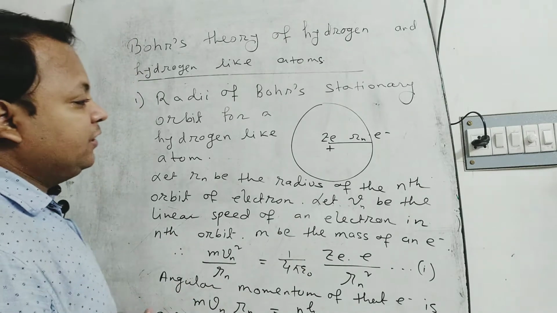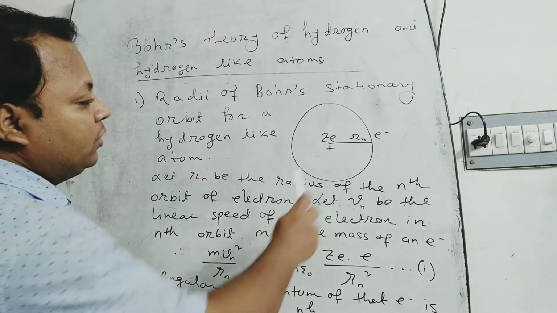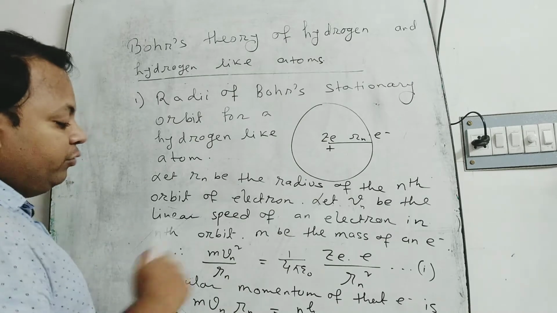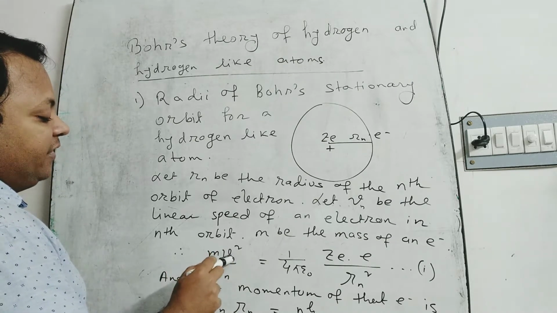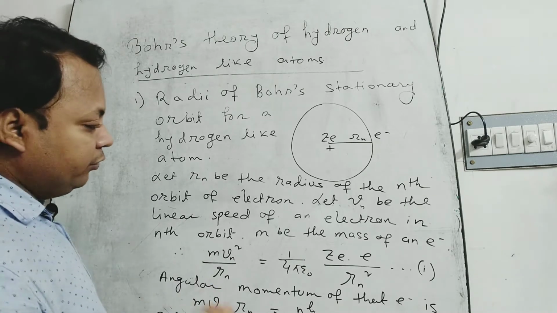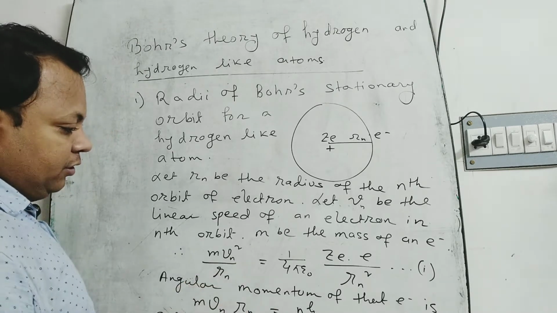Here, since the centripetal force is equal to the attraction between the nucleus and the electron, we can write m v_n square by r_n. Here n denotes the velocity and radius of the nth orbit.